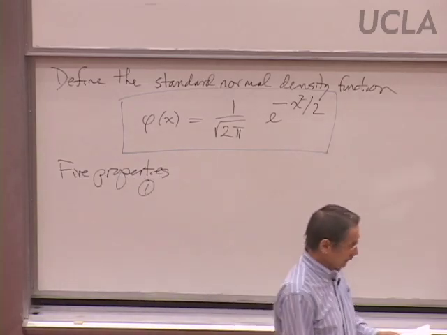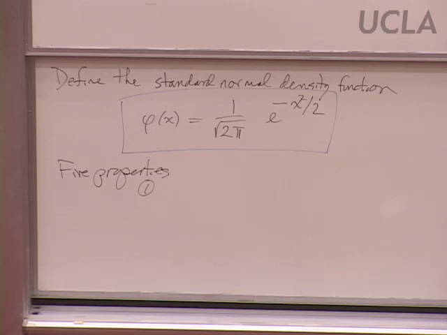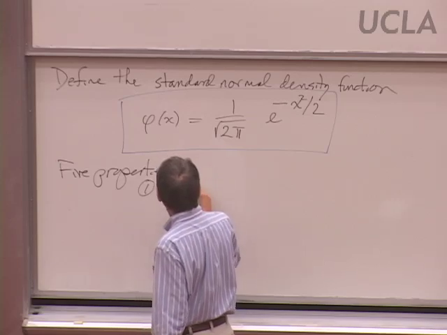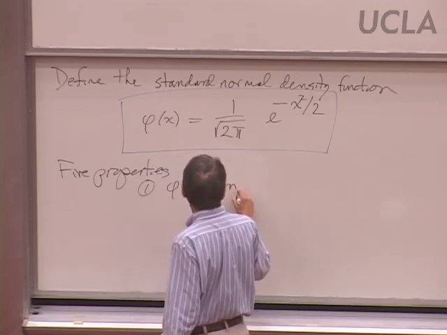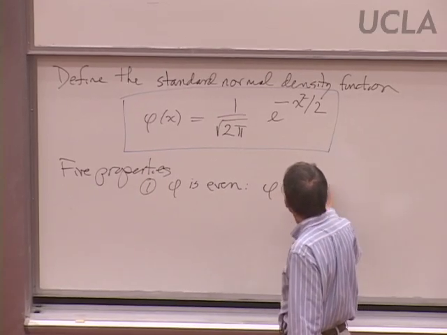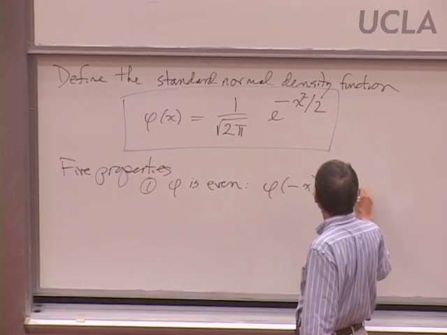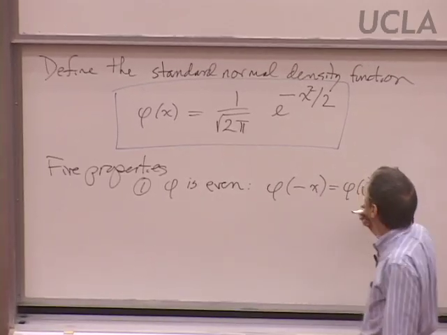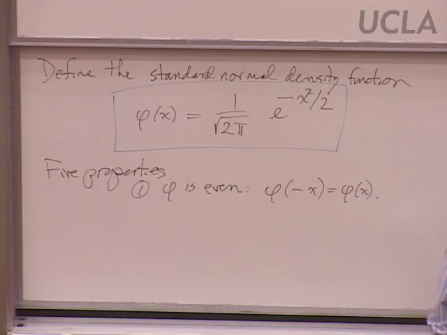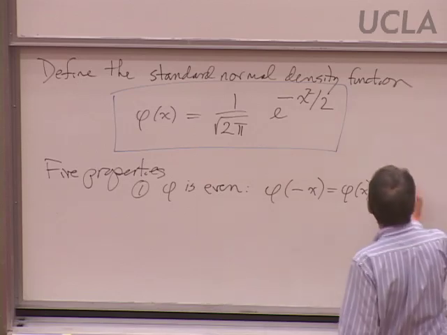It's always, well, first of all, it's an even function. Because that means that phi of minus x and phi of x are always the same, because x occurs only as x squared here. So that tells us right off something about its graph, namely its graph is symmetric about the y-axis.